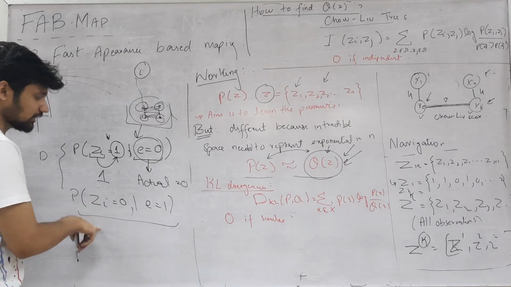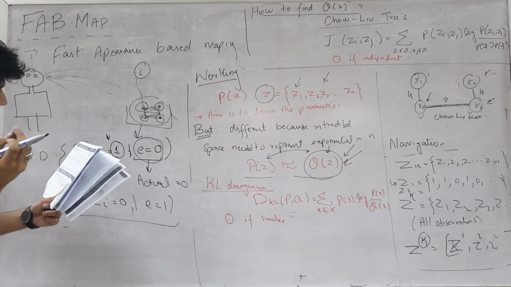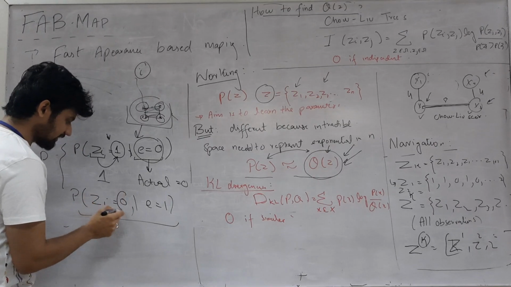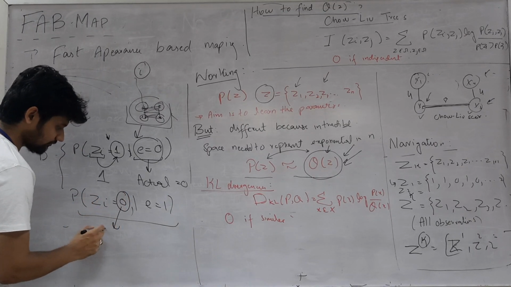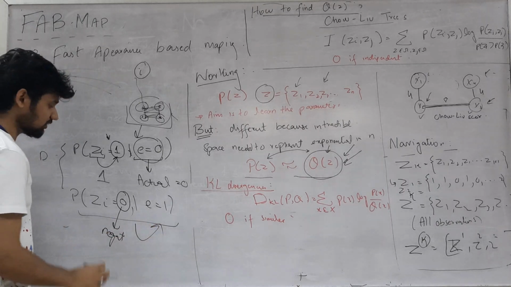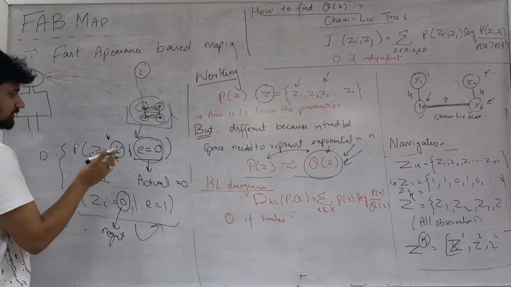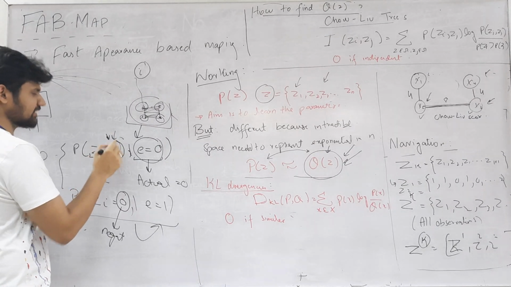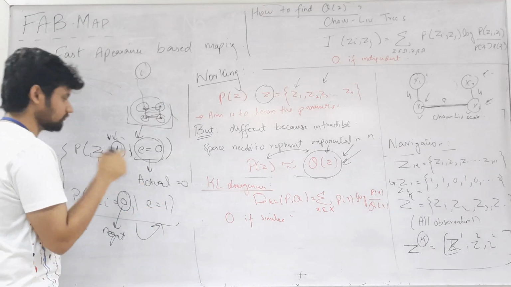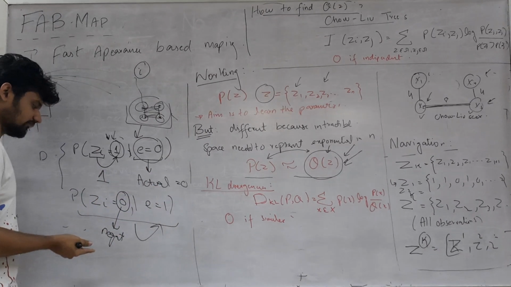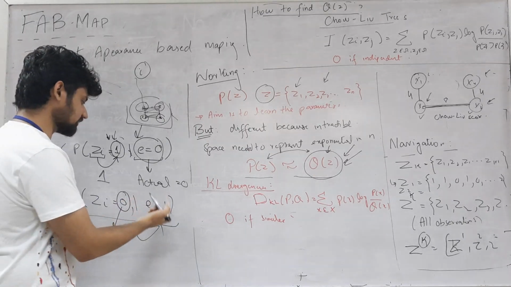This is called a false negative. It says it is negative, but it is wrong, because it is actually present. This is called a false negative, and this is called a false positive. It is saying it is there, but it is not there in reality. So false positive: it is positive but false. Here it is negative but false, because it is actually there.